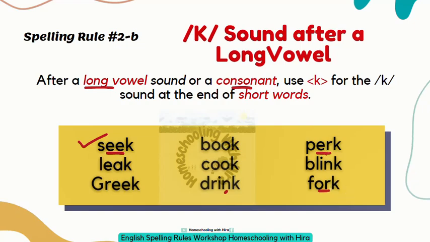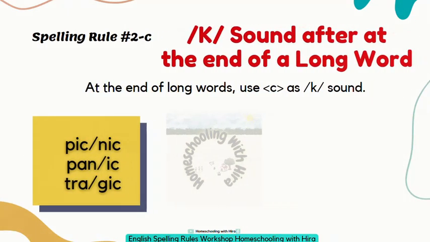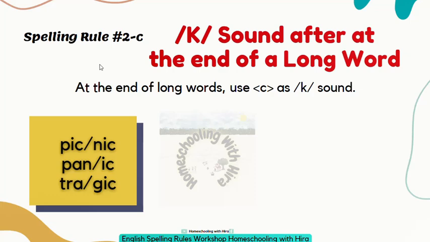Okay. 2C says that write letter C as k sound at the end of long words. Spelling rule 2A and 2B for the k sound, they both were about the monosyllabic words or short words. Okay.